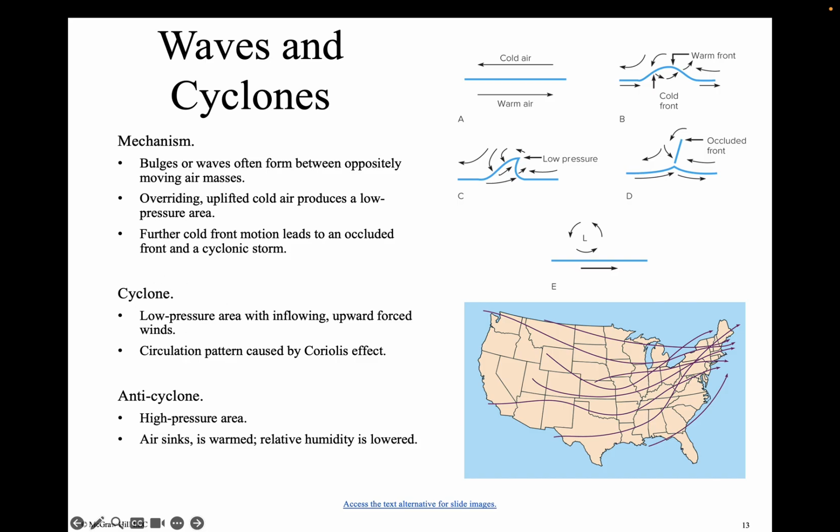So the cyclone is actually a large scale weather system that's centered around this low pressure area where the air will actually spiral inward and upward. Inward, sort of entering towards the center of the cyclone, and upward, moving up, as you can imagine. Okay, so the cyclones are usually associated with clouds, winds, and also precipitation.